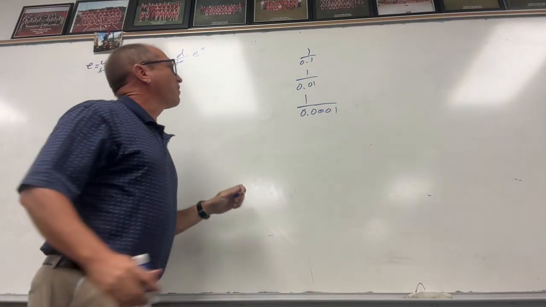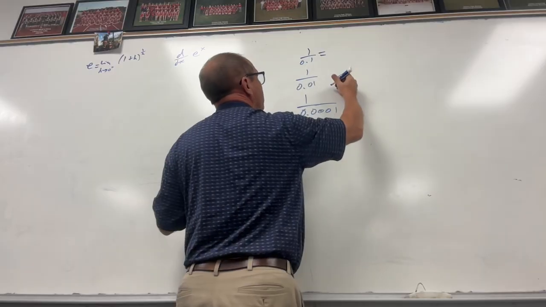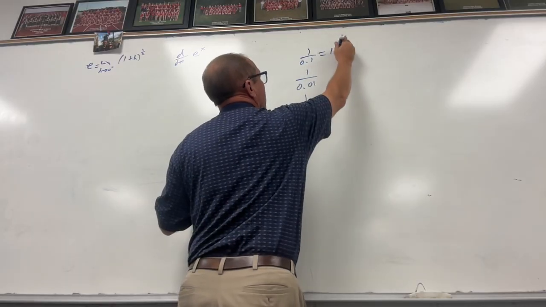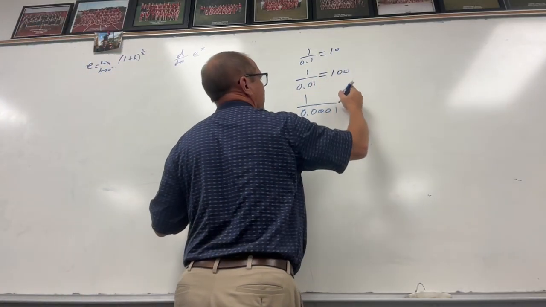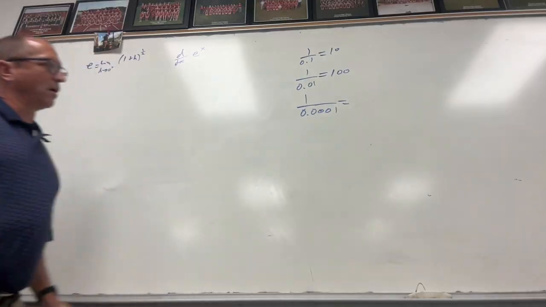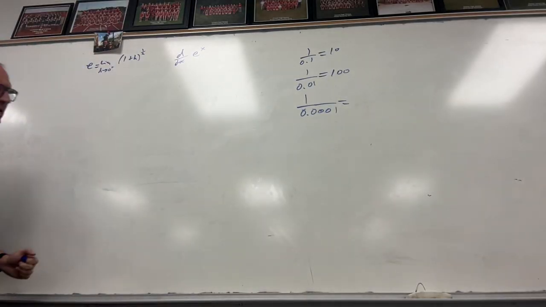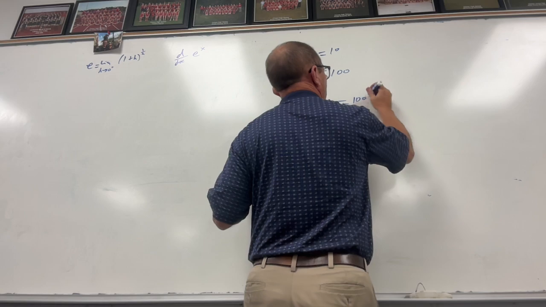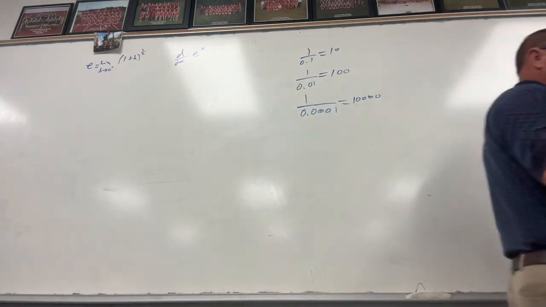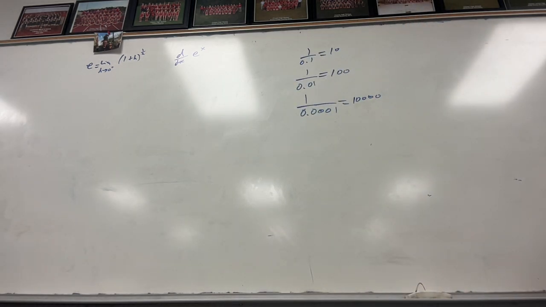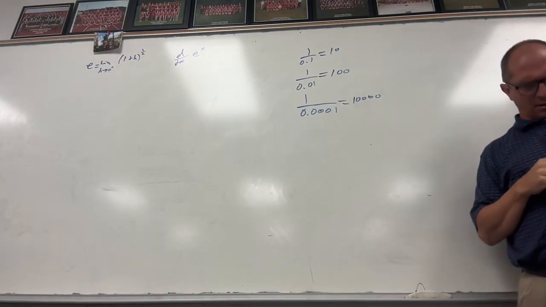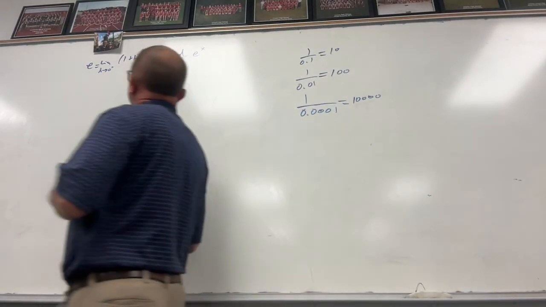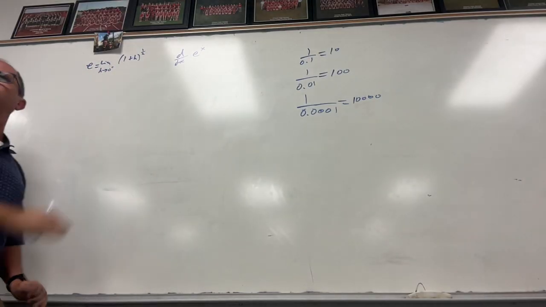Yeah. So what is 1 divided by 1/10? 10. What's 1 divided by 1/100? 100, right? And what is 1 divided by 1/10,000? 10,000, right? Okay, so my question coming back to it is, are y'all listening? What is happening to my exponent as h gets closer to 0? How big? Infinitely large, right?